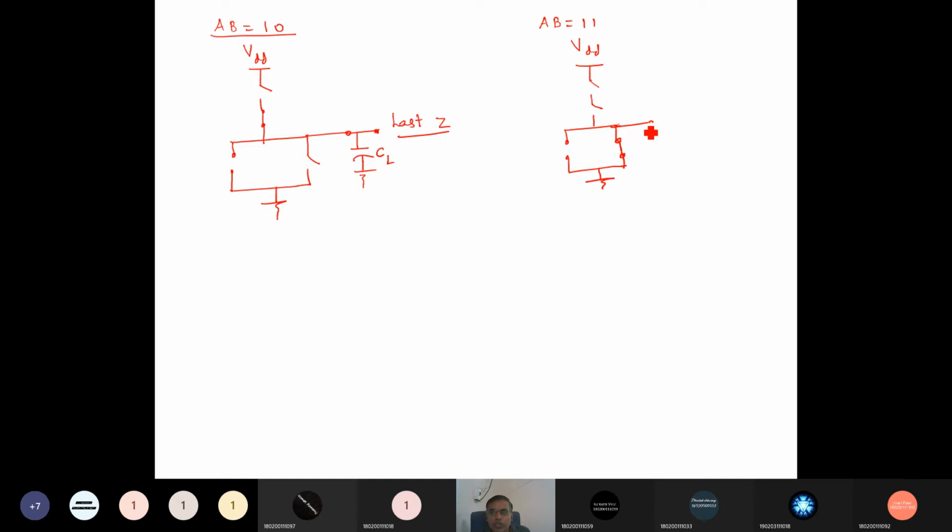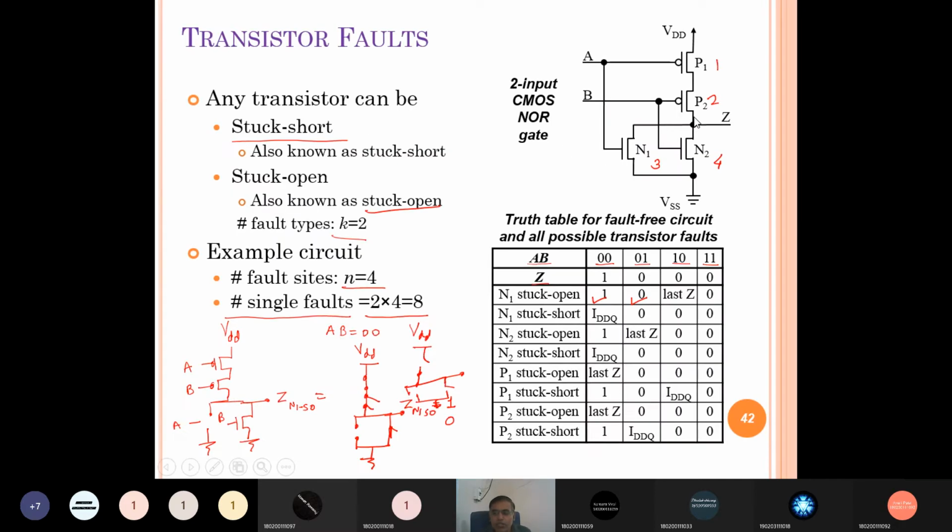Due to this short, whatever the voltage across this load capacitor will discharge through this, so we get output equal to 0. So for 1, 0 we get the last state, and for 1, 1 we get output equal to 0.